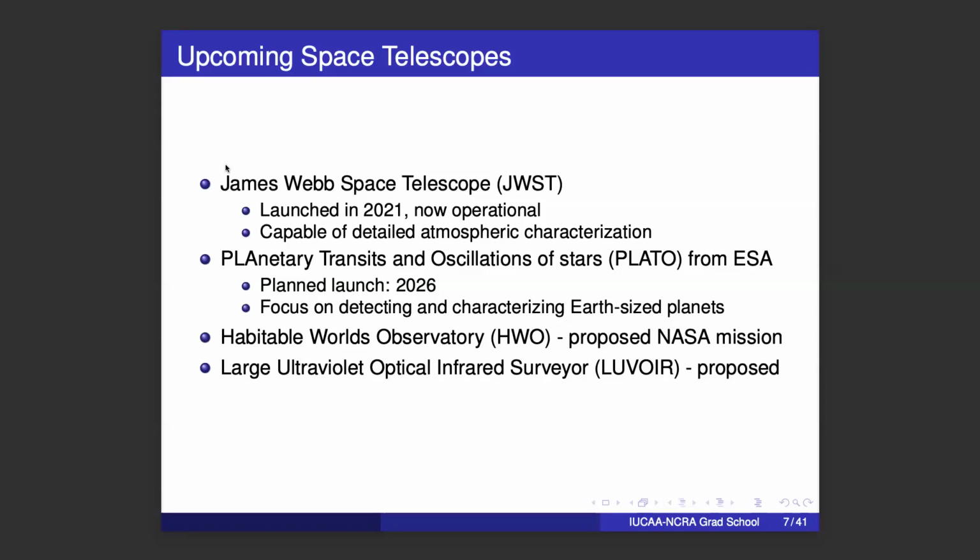Okay, so the idea is a large ultraviolet optical infrared surveyor. So you have a single telescope that can point to a star and try to obtain images in all these bands. And things look quite different. For example, in the infrared, if you go into the mid-infrared, then a planet like Jupiter will brighten up quite a lot, whereas a star like the sun will fade considerably.